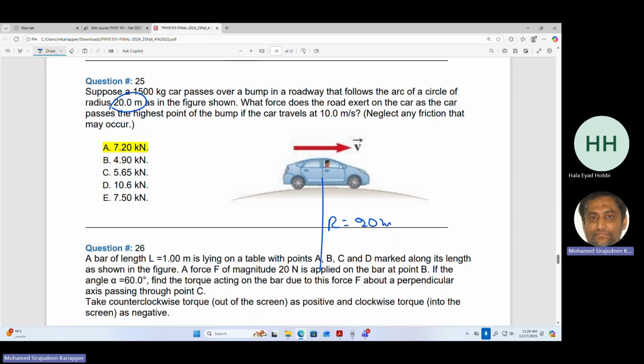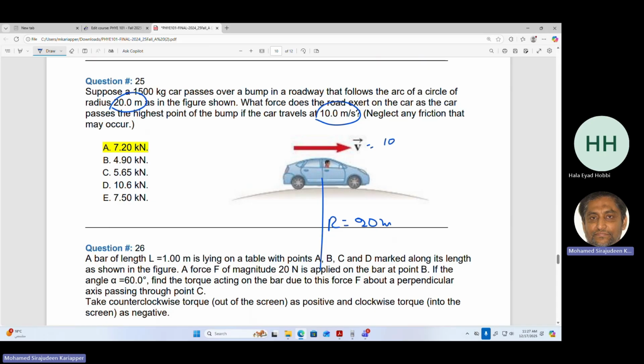So it is describing a very big vertical circle. What force does the road exert on the car as the car passes the highest point of the bump if the car travels at 10 meters per second?